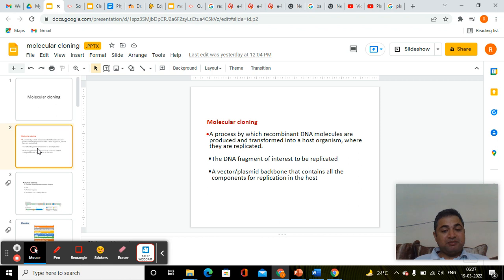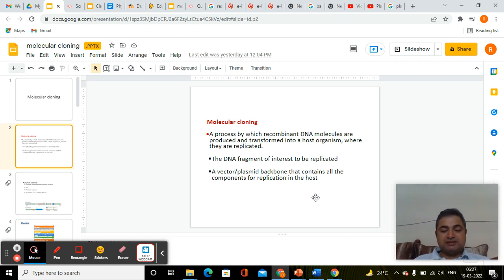Here, the DNA fragment of interest is the target, and it is having more copies of the same gene of interest. And as I told you, a plasmid or vector backbone contains all the components of replication in the host, which I have already explained.